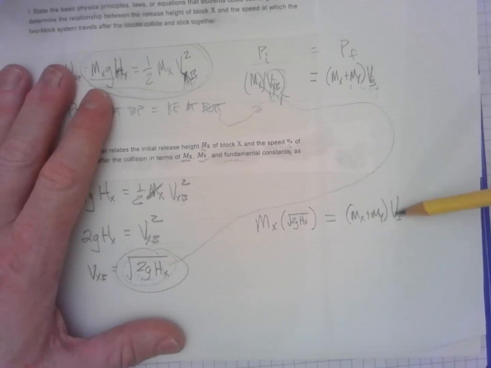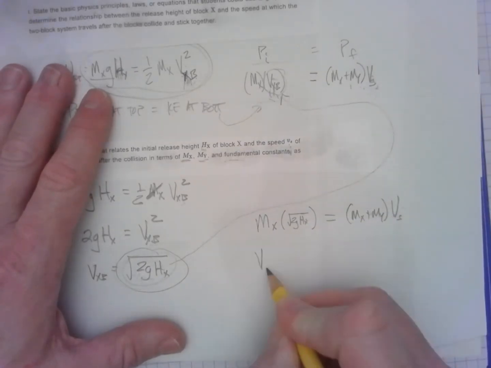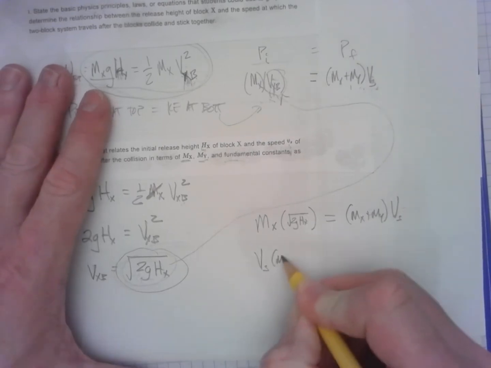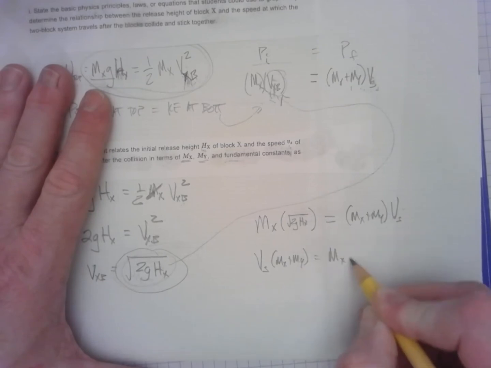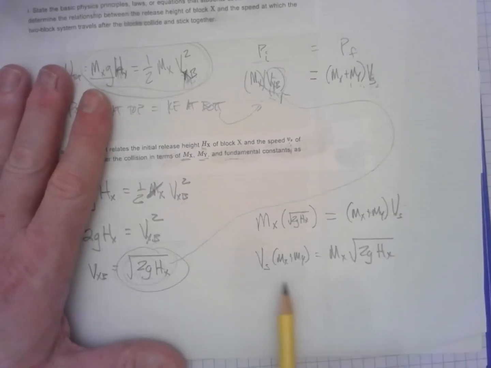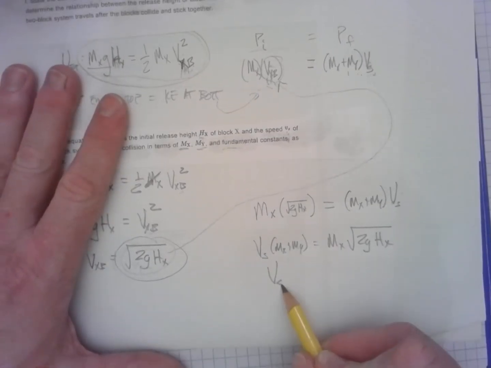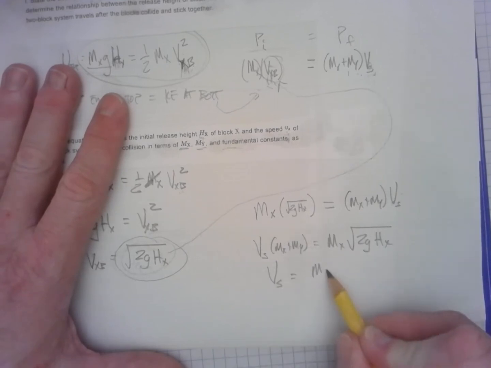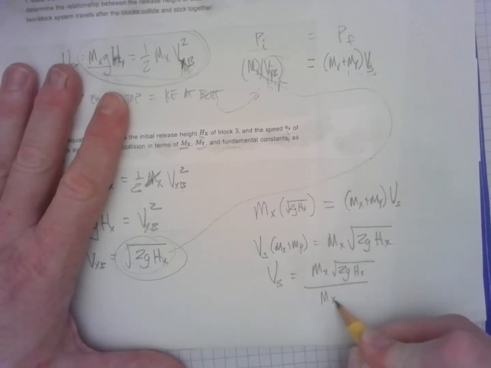This is our y. This is our x. No big deal. Let's just do one step at a time. Now I'm going to divide by m_x plus m_y. And that speed at the bottom is going to be m_x times the square root of 2gh_x over the sum of the masses.